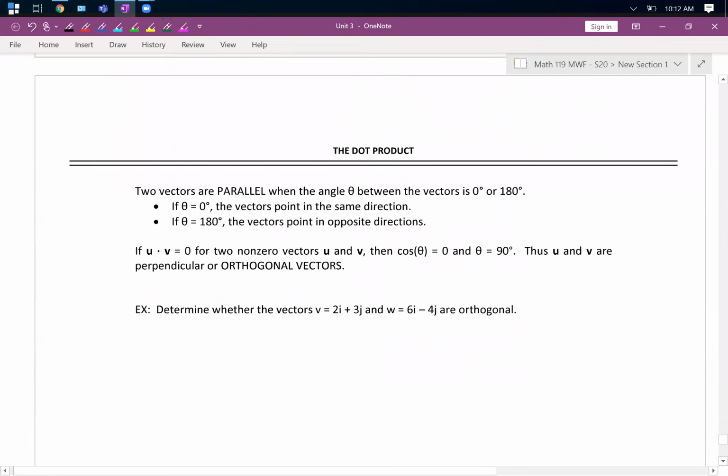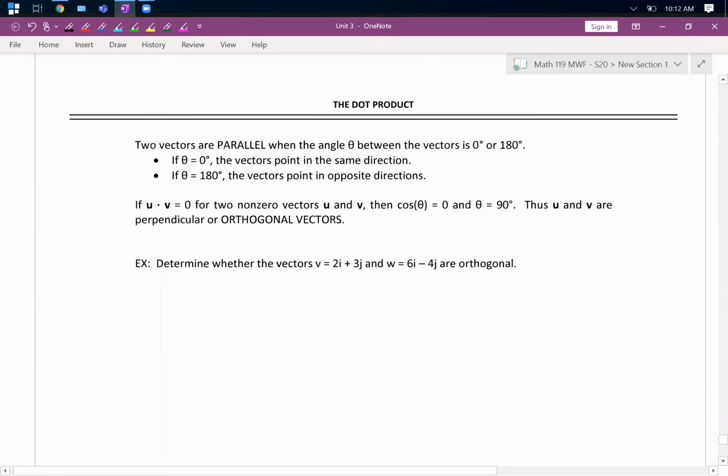All right, last thing. Two vectors are parallel when the angle between the vectors is either 0 degrees or 180 degrees. If that angle is 0 degrees, then we have the exact same vector. And if that angle between them is 180 degrees, then we have the opposite vector.